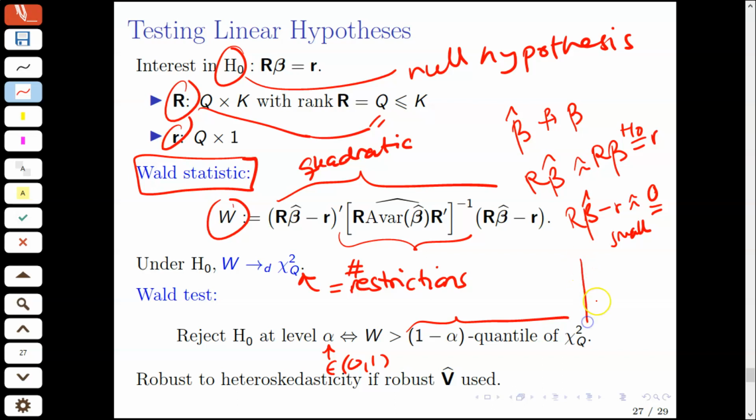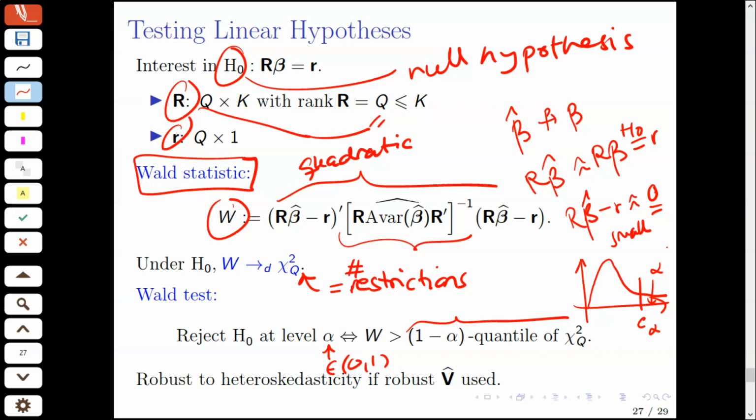That is, graphing the PDF of a chi-square with q degrees of freedom, we should find the number, say critical value C alpha, that leaves alpha in the right tail. And we should reject the null hypothesis if the Wald statistic exceeds that number.